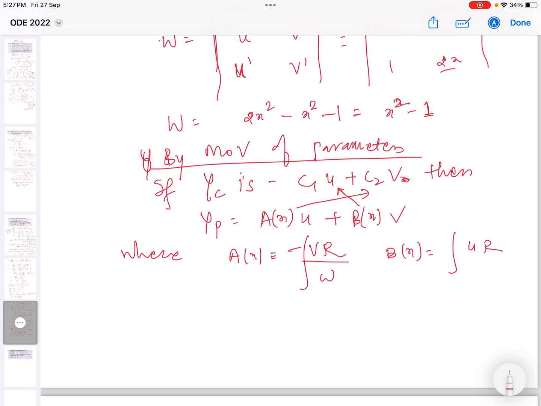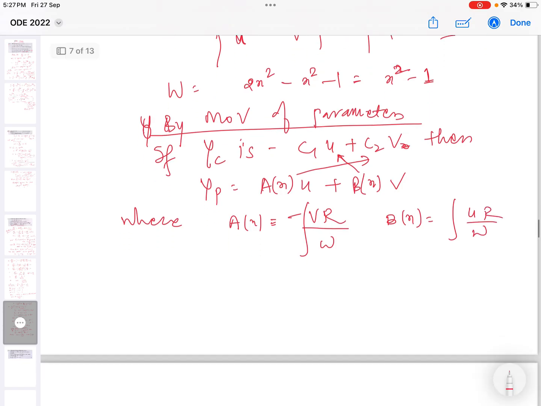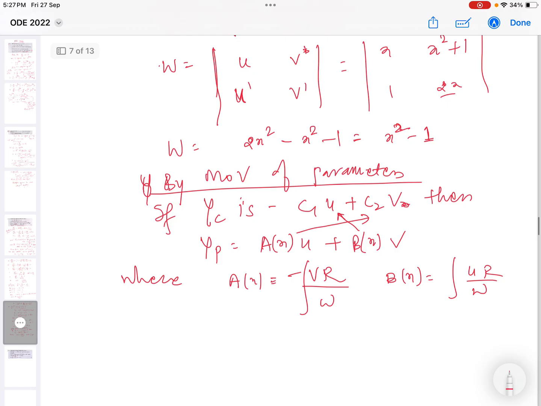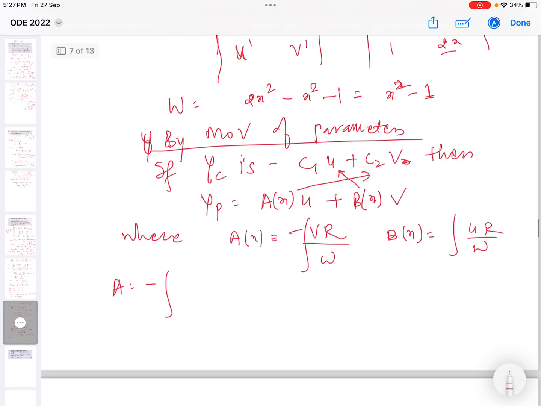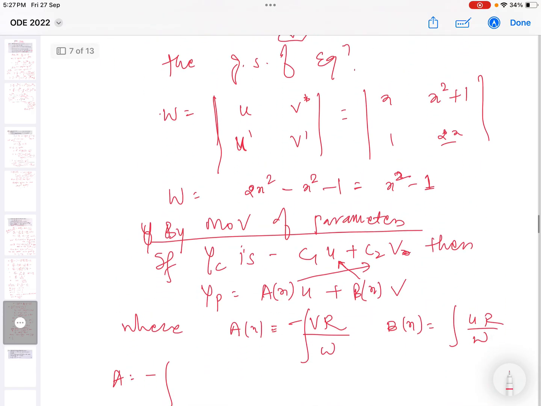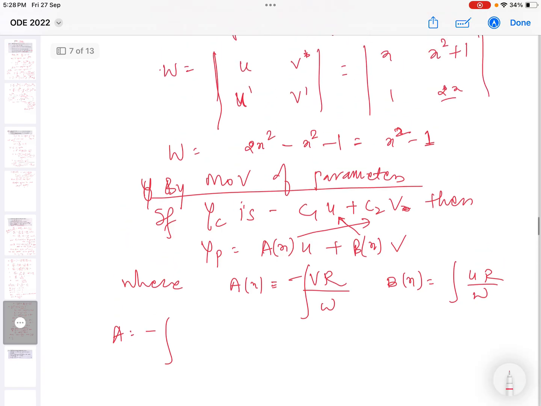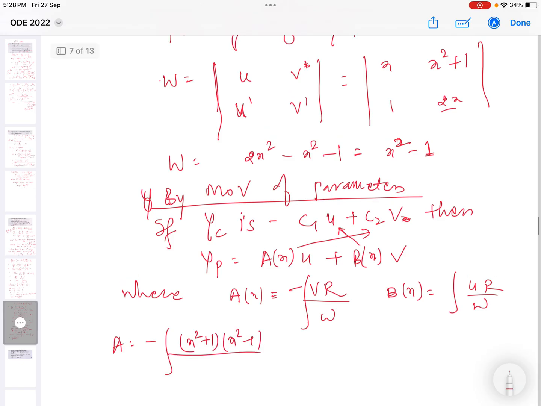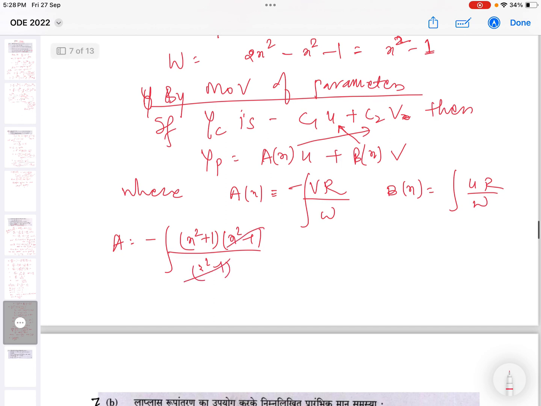v r over w, r we already know is x squared minus 1, so we can put it here. A would be minus integral of v squared, v was x squared plus 1, over w, w was x squared minus 1, cancelled, so this becomes minus x cube by 3 minus x.